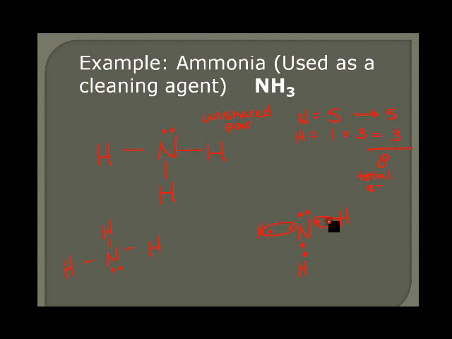We'll share those electrons between them, and so nitrogen now has 1, 2, 3, 4, 5, 6, 7, 8 electrons, making it happy. And all of our hydrogen atoms, this hydrogen atom has 1, 2 electrons. This hydrogen atom has 1, 2. So all of them are happy.